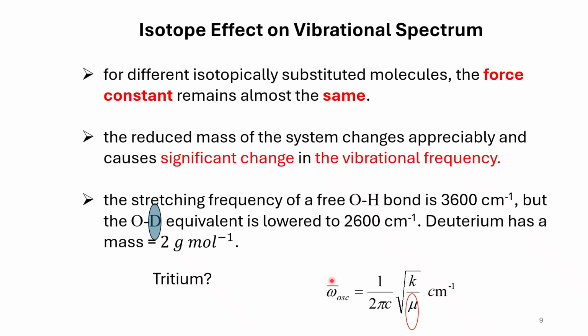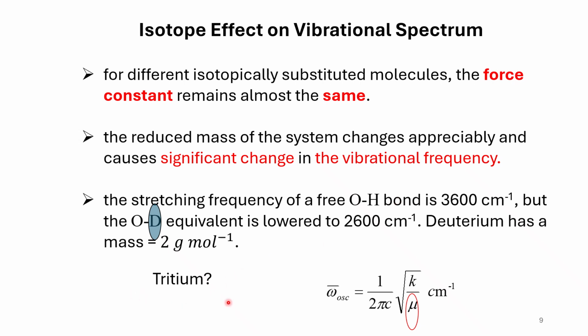Therefore, the vibrational frequency for OD, oxygen bonded to deuterium, will be much smaller compared to the vibrational frequency of OH, due to the reduced mass of deuterium being much heavier than the hydrogen atom.